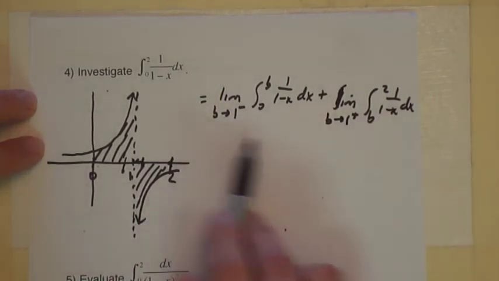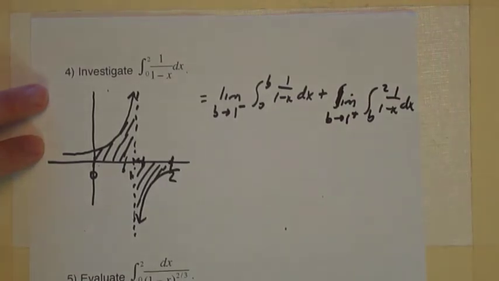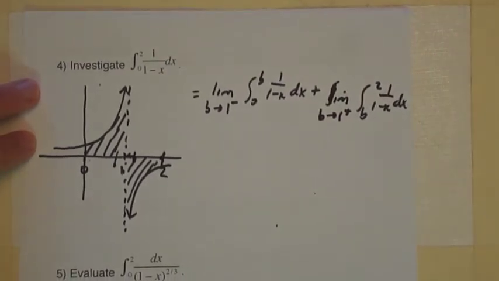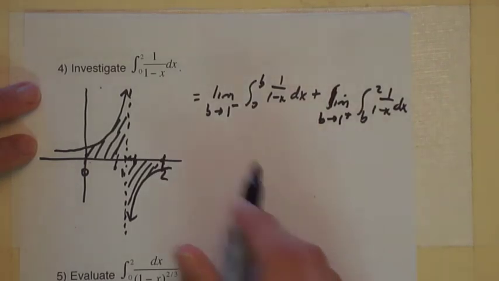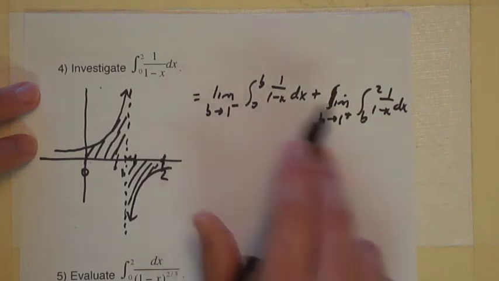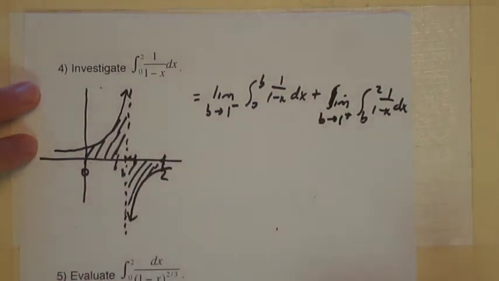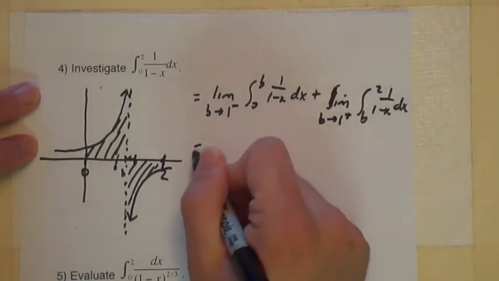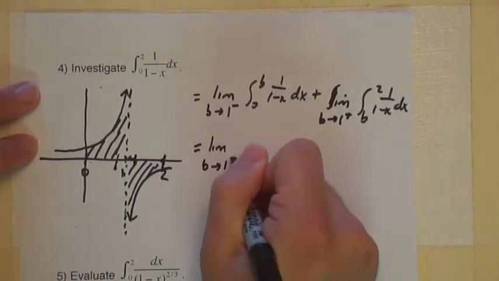So this is the correct way to set up this improper integral. Now, let's just work on one of these two integrals, because you can see again from the picture that they're going to be the same, but one is the opposite of the other. Let's just do the first one, and we'll see what happens.